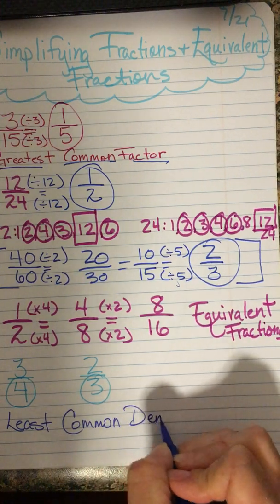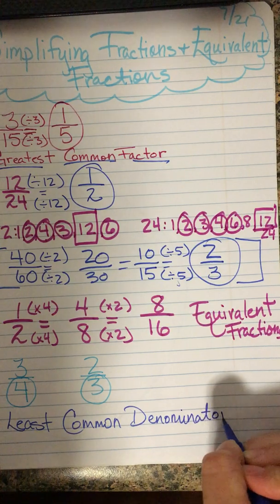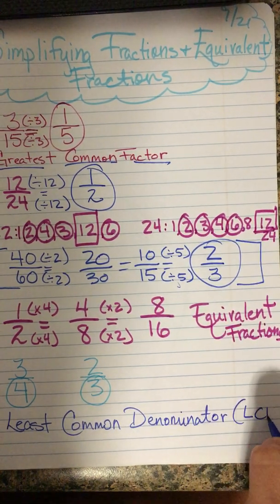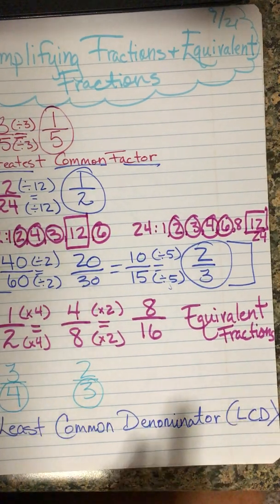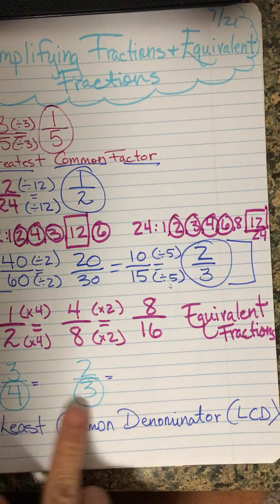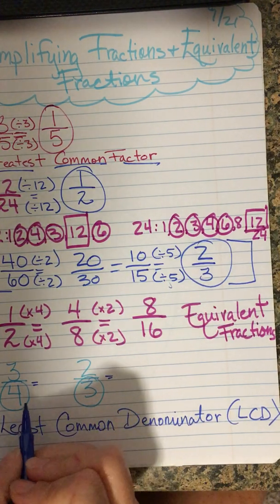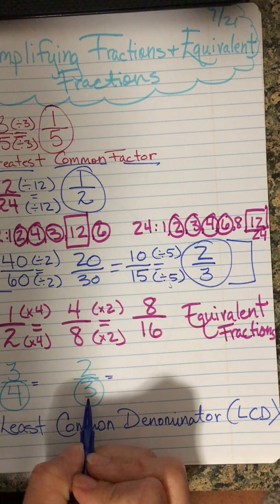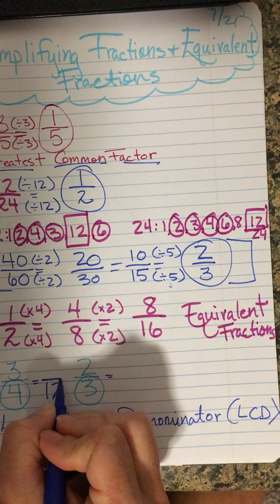The least common denominator, something I will write LCD for after this because that's really long to write. Your least common denominator is the smallest number you can convert these into and have them be the same. So I know that 3 and 4 can both be converted into 12ths.